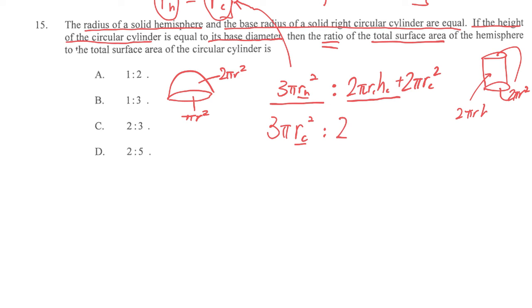And then on the other hand, we know the height of the cylinder is equal to 2 times the radius of the cylinder, and we have 2 pi r cylinder. So now you can see everything is in terms of RC. So we have 3 pi RC square, and then we have to do some maths here.